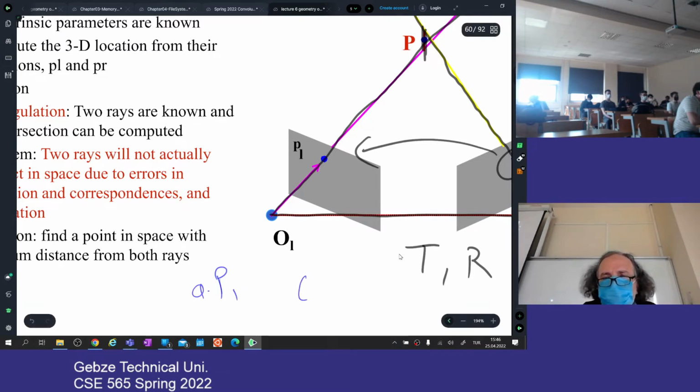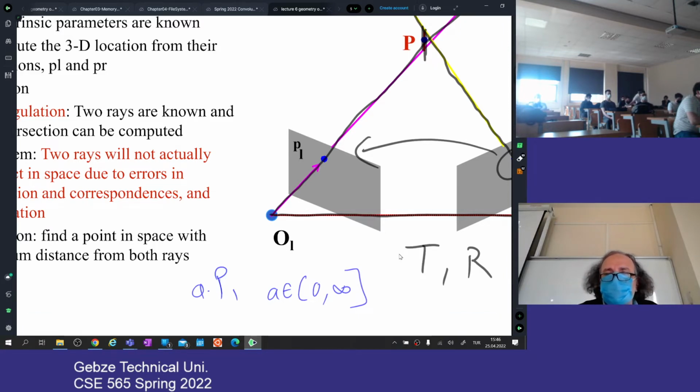A starts from 0 and it goes to infinity. What is A PL? What kind of thing does it define? Suppose A is 0. What does this make? If A is 0, then I would get what?